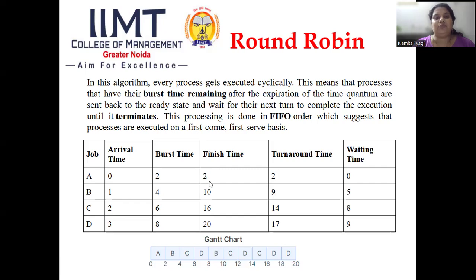So only for 2 milliseconds, the CPU will be provided to process A. After that, B is in the ready queue and the CPU will be allocated to process B for 2 milliseconds. Depending upon the time quantum that we initiate before the algorithm, the process will be executed for that period of time. It will automatically follow the first in, first out order.